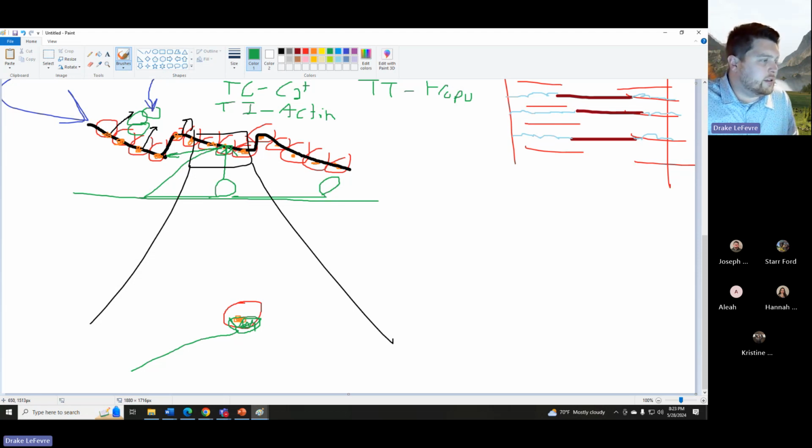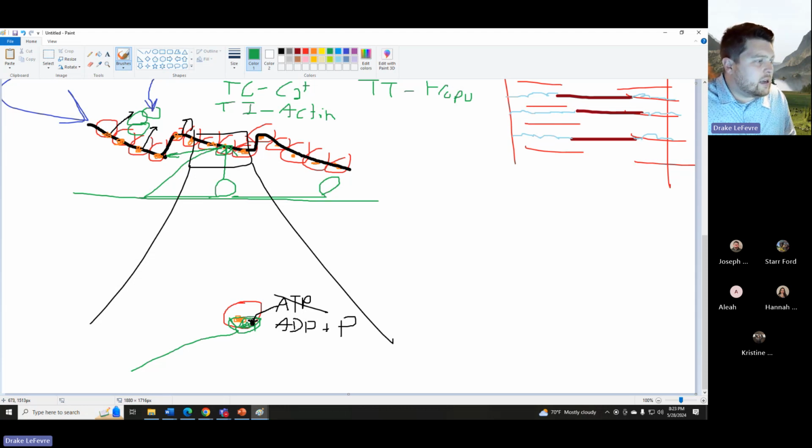And the way that we release this is with our energy source, ATP. ATP is going to come in and bind onto the myosin head where it has a little spot just waiting for it. As soon as it binds to that myosin head, it's going to break down, it's going to dephosphorylate into ADP and an inorganic phosphate.